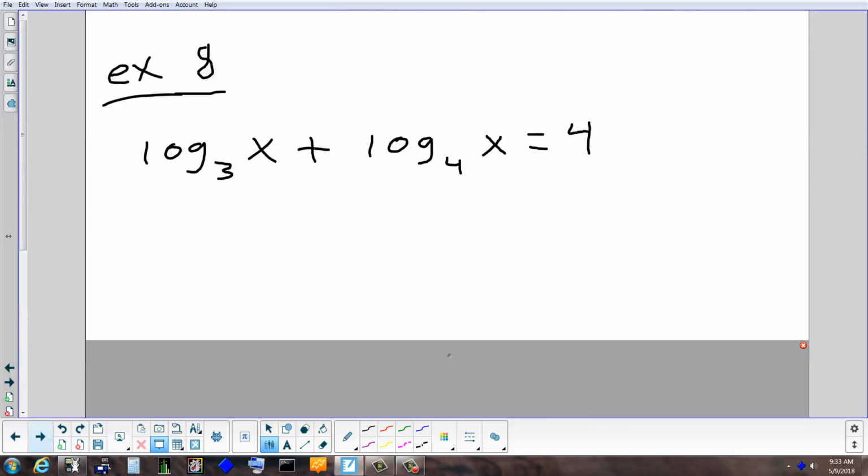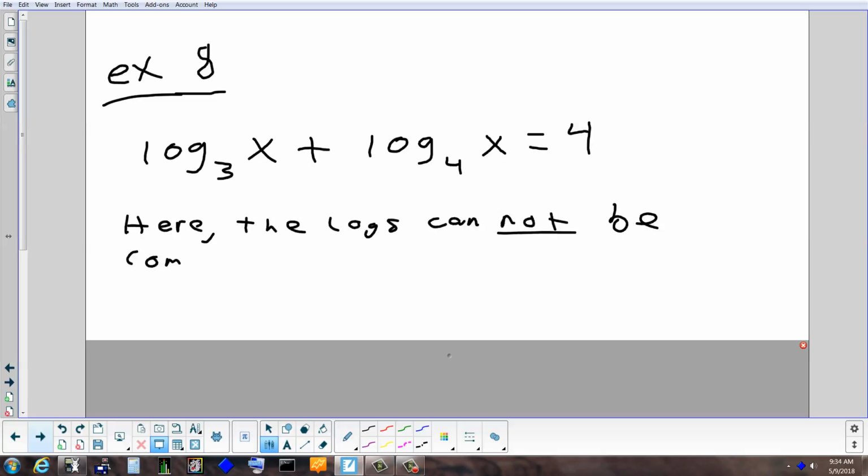Okay, I'm not going to solve it. It is still very solvable, but we're not going to solve it. So here, the logs cannot be combined because the bases are different.